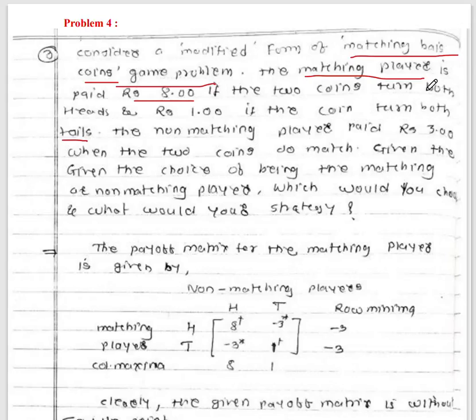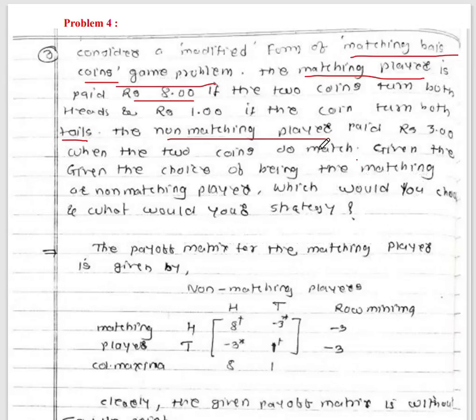Second is the non-matching player. This is the data for the non-matching player. The non-matching player is paid 3 rupees when the two coins do not match. Given the choice of being the matching or non-matching player, which would you choose and what would your strategy be?